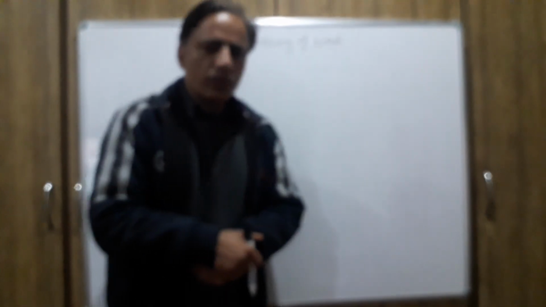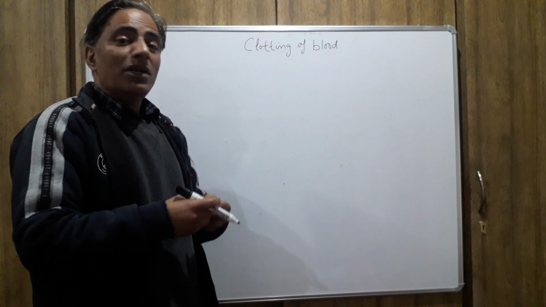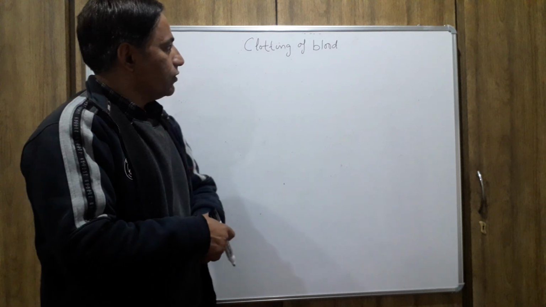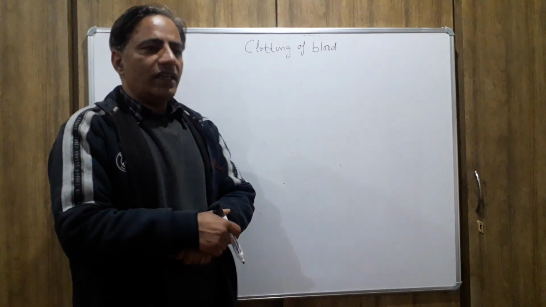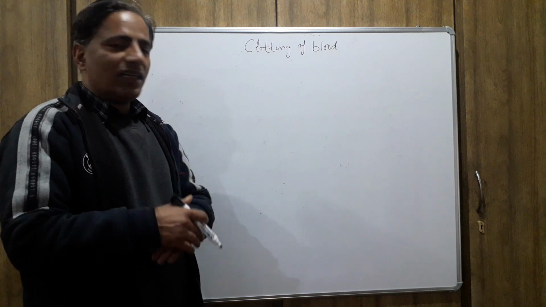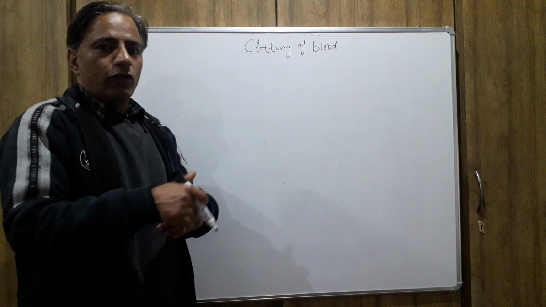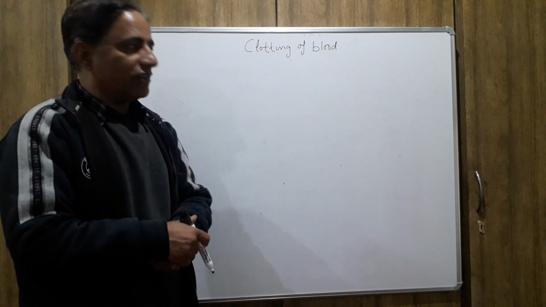So today's topic is very important, and we would try to understand how the clot actually forms. We have discussed in the previous lectures that there are certain clotting factors, proteins or enzymes present within the plasma portion of the blood, which are very important as far as the coagulation of the blood is concerned.